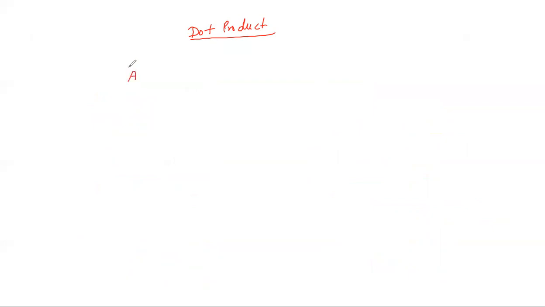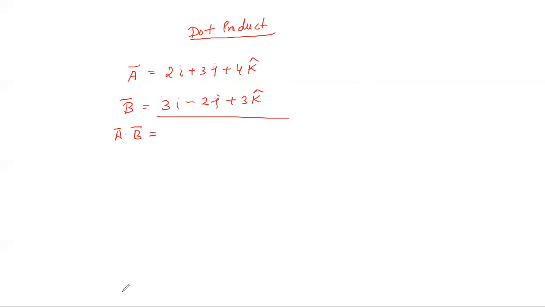Suppose A vector is 2i cap plus 3j cap plus 4k cap, and B vector is 3i cap minus 2j cap plus 3k cap. If we calculate A dot B, we simply multiply the i coefficient with the i coefficient.